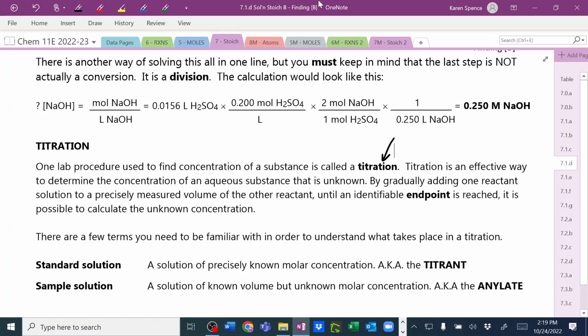That way it won't drop below the line when you lift it up, and then you can let some out once it's out to get it to the right level. Okay?